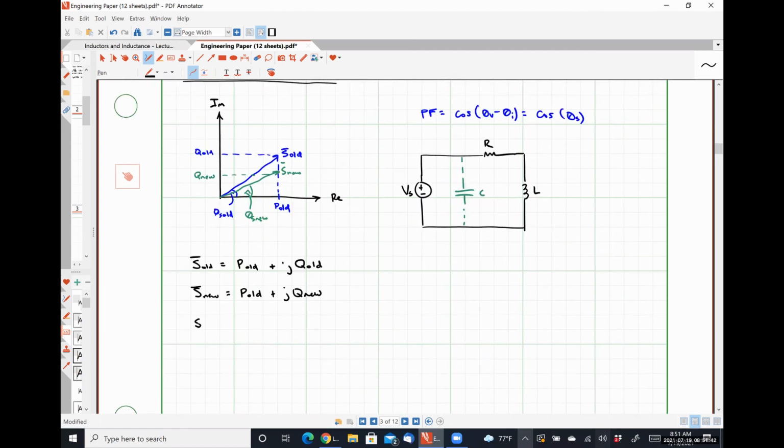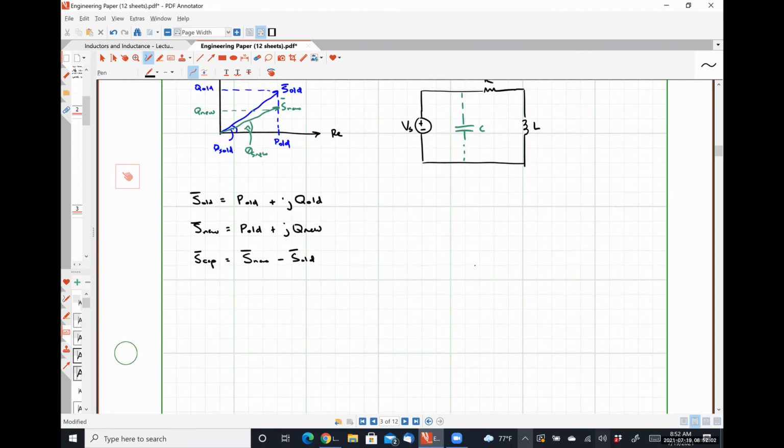So the complex power that must be provided by our capacitance is simply S new minus S old, which will wind up being j times (Q new minus Q old).